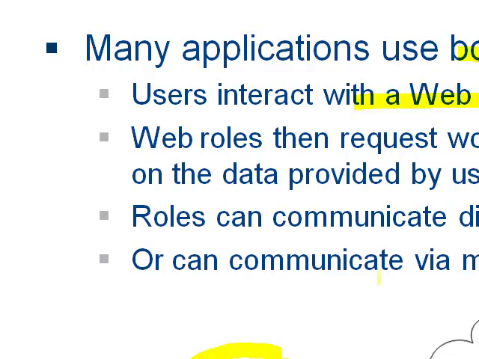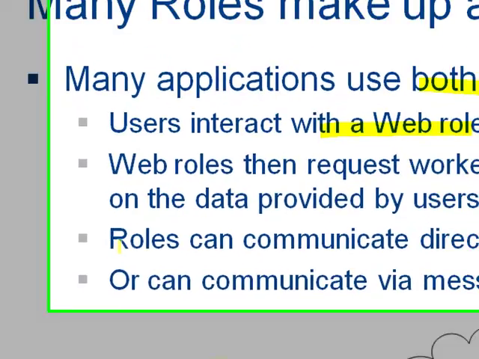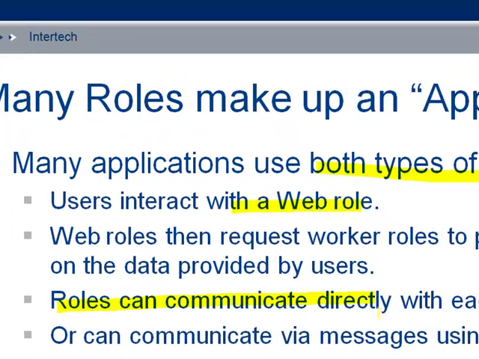When we talk about role communication, roles can actually communicate directly with one another, or they can use, as shown in this example, messages through Azure Storage queues to communicate. And we'll talk about Azure Storage queues coming up in our talk here in a bit as well. So web roles typically are the front end, the user interface, while things like the batch processing of orders are done through a worker role.